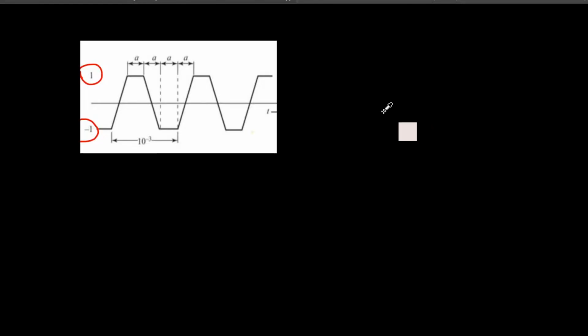Okay, so this is the graph here, and this is the m of t graph. Okay, let's mention that. This is for m of t, but we are interested in drawing the graph for FM.